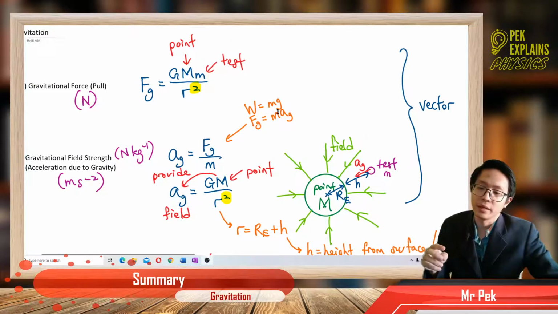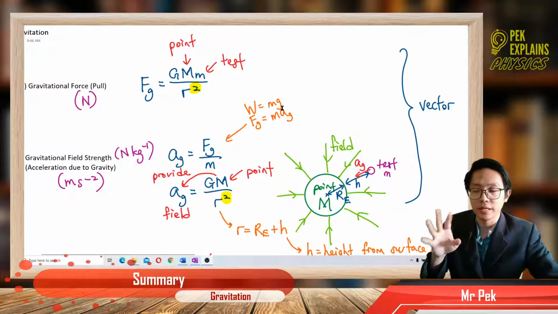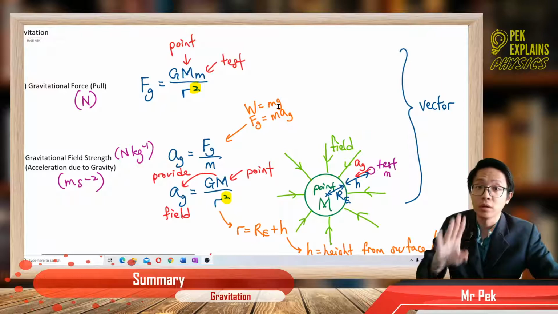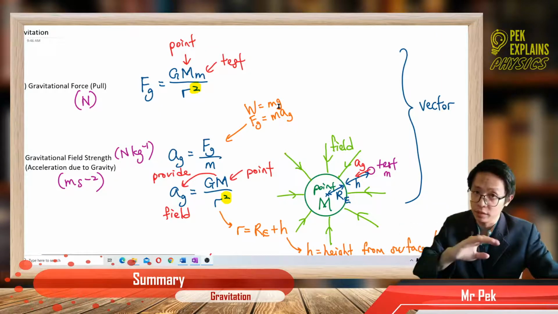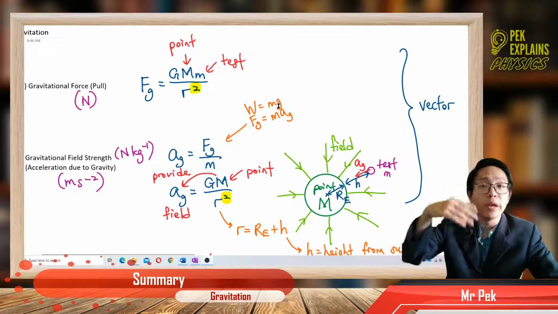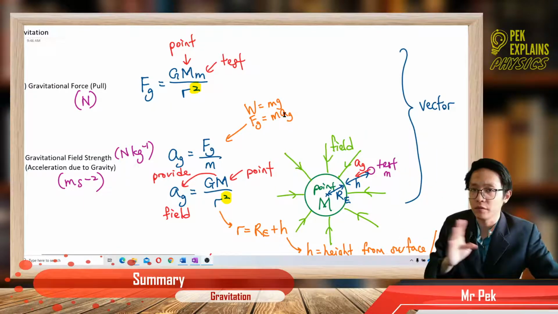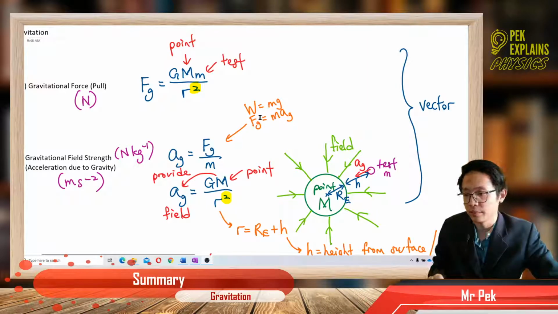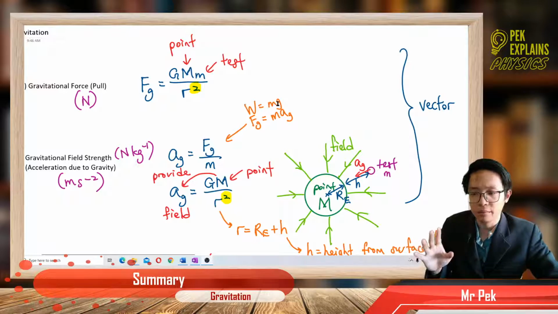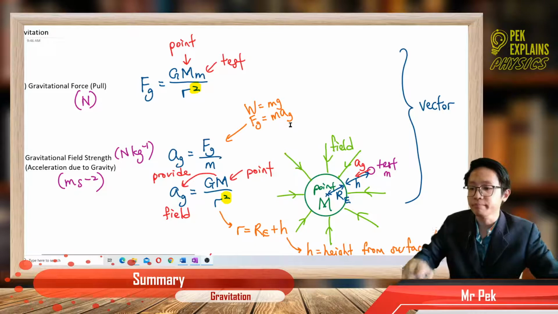Because g is only the value 9.81, and that value 9.81 only exists on the surface of Earth. When you go further and further away from the surface of Earth, the value is no longer 9.81, but becomes less than that. That's why we put Ag. So W equal to mg is actually F equal to m Ag.